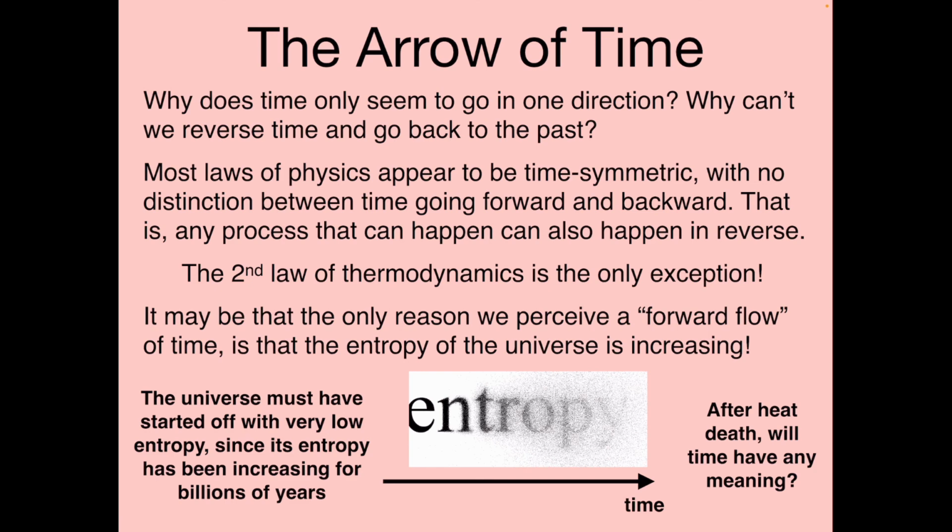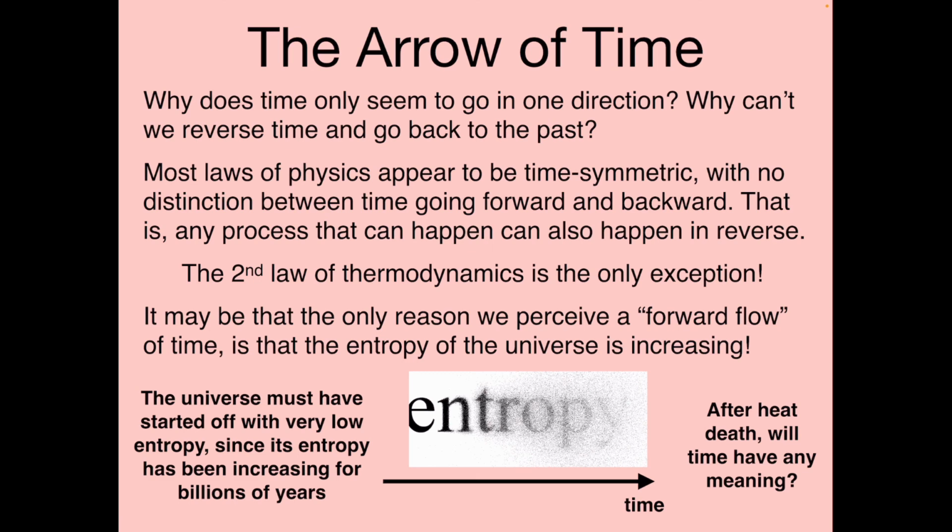So it could be that the only reason we perceive time going forward and never time going backwards is the second law of thermodynamics. It's because entropy is increasing. That's what's responsible for the arrow of time.